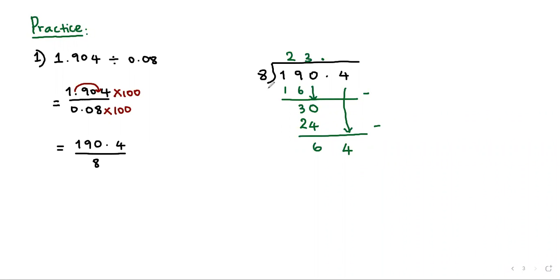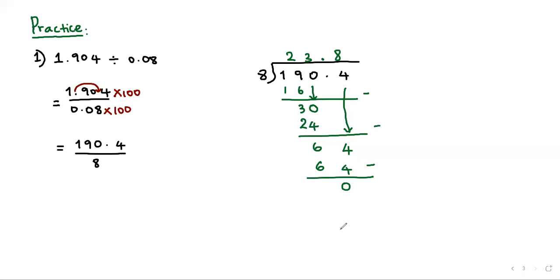64 divided by 8? 8. That's good. And 8 times 8? 64. 64 minus 64, what do we get? 0. We will get a 0.